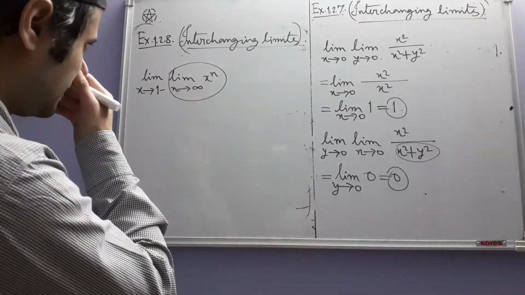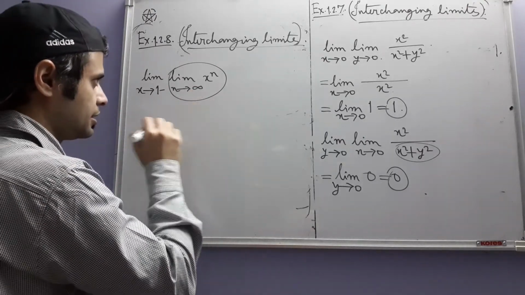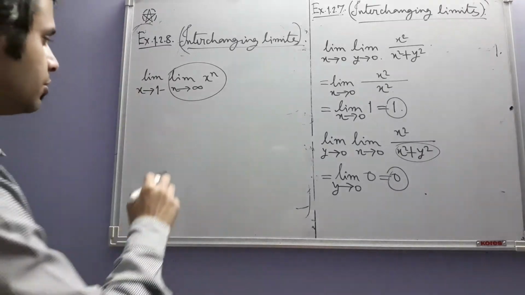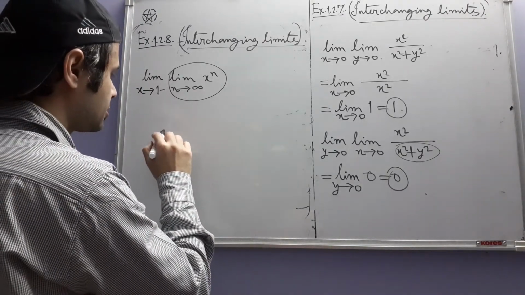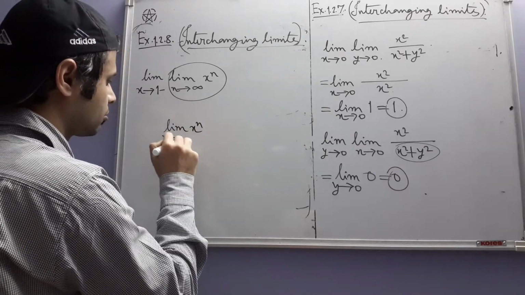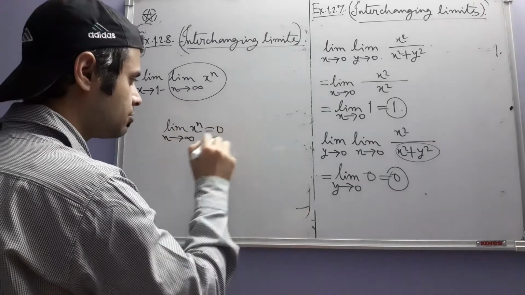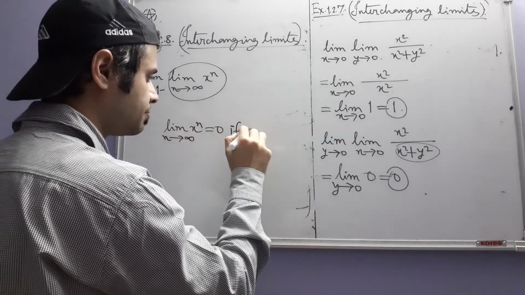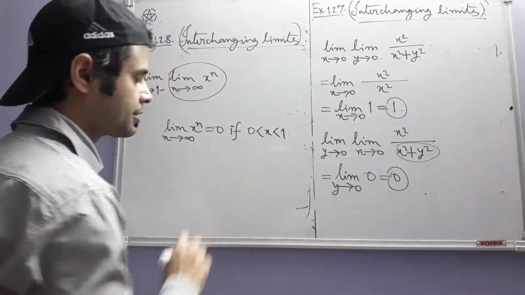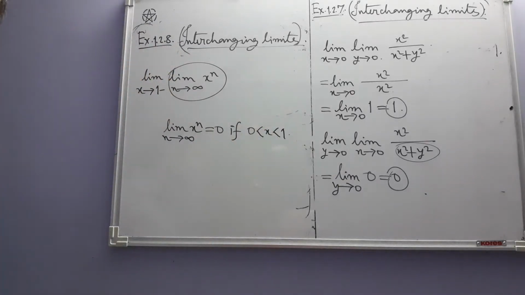In fact, this is where we made the mistake in that example. There is a result that says this limit is equal to 0 if x is strictly less than 1.